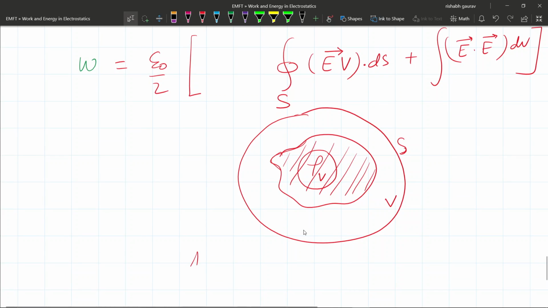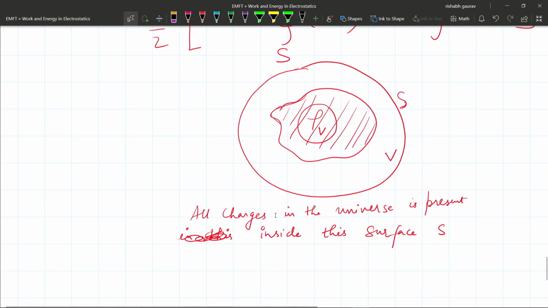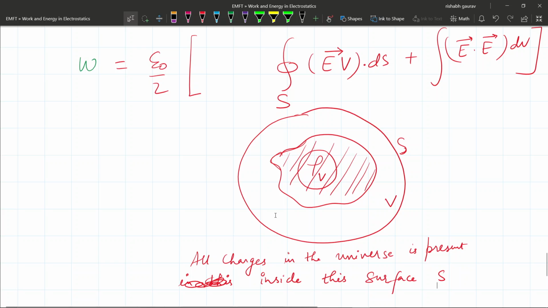Let's say all charges in the universe are present inside this surface S. So it doesn't matter, we can expand the Gaussian surface S as per our will, because all the charges are present inside the Gaussian surface.